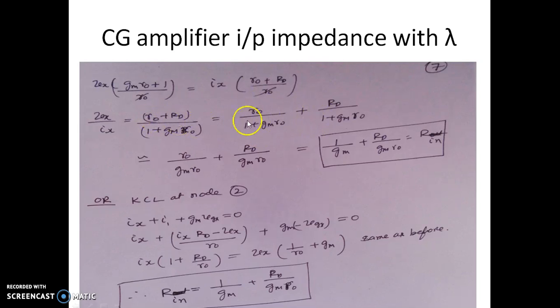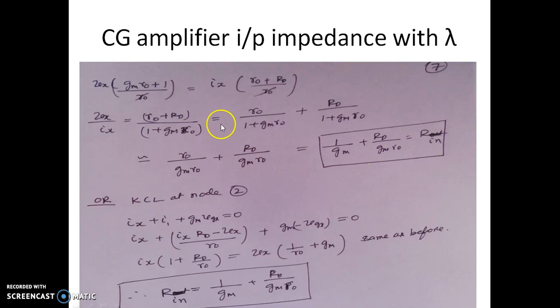Now I am just splitting this into R0 by the same ratio plus Rd by the same ratio. Neglecting 1 compared to Gm into R0, it can be written as R0 by Gm R0 plus Rd by Gm R0. So this can be further written as 1 over Gm plus Rd divided by Gm R0.